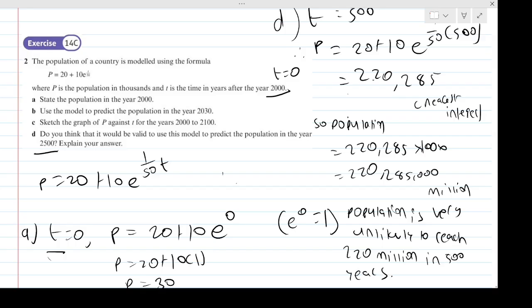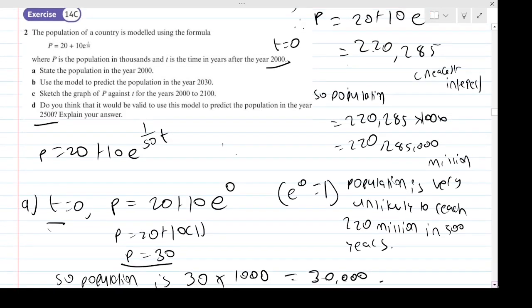Very unlikely, so not valid to use a model here. And there's my answer. So again, if you've got these sort of questions at the end, asking how valid it is for a particular point, just substitute that value in and see what you get.